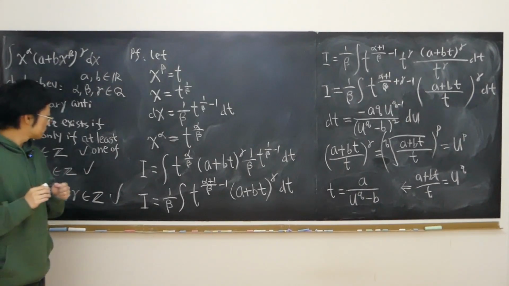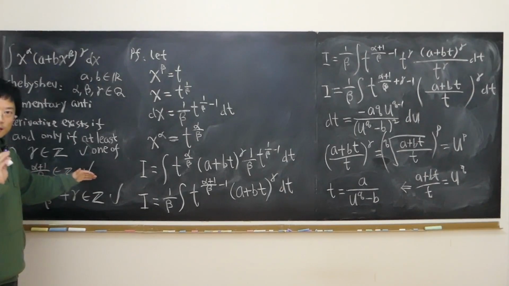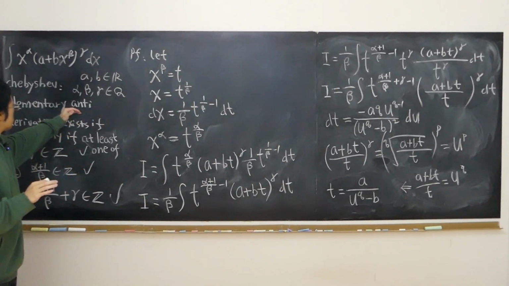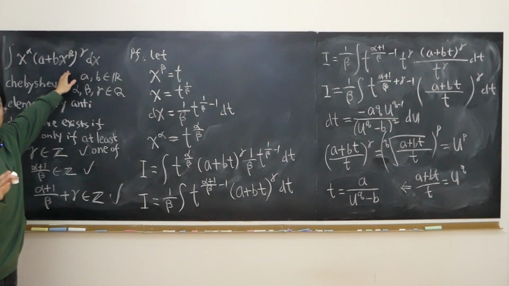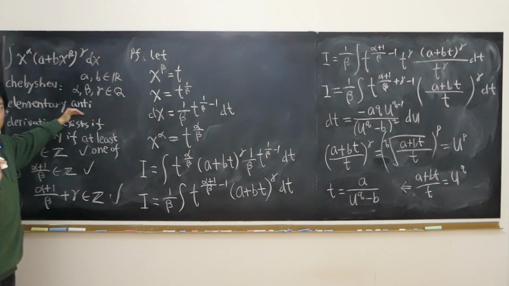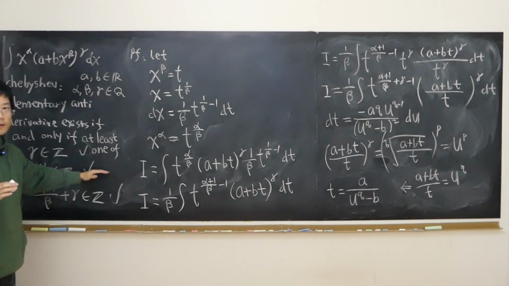That means if none of these conditions is satisfied, then this type of integral definitely does not have an elementary antiderivative. Which of course I'm not going to prove in this video because it's beyond my knowledge.